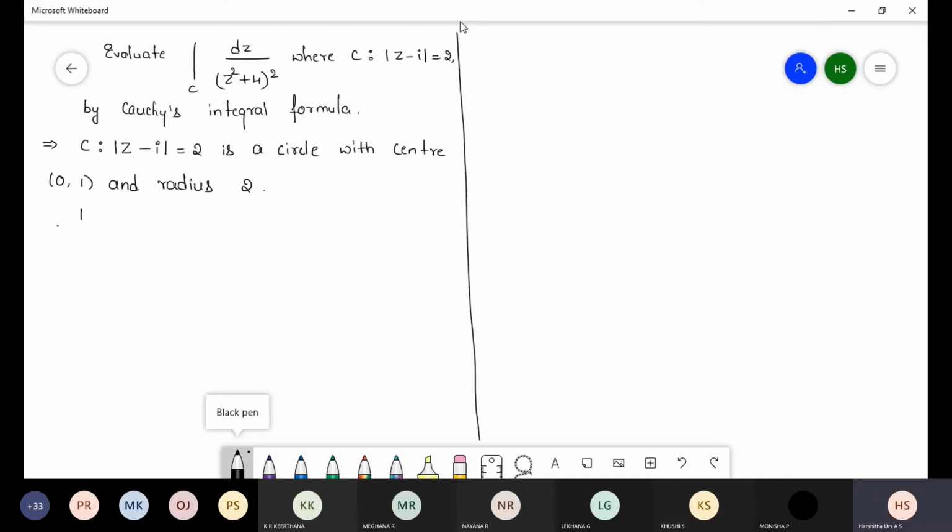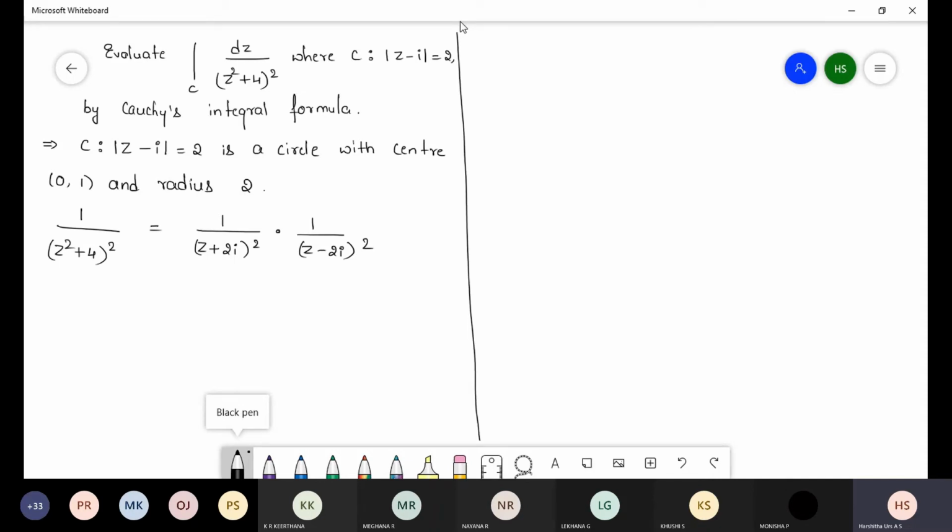Now we have to write this in the form of a square minus b square. So how can we write this one? (z plus 2i) whole square into (z minus 2i) whole square.